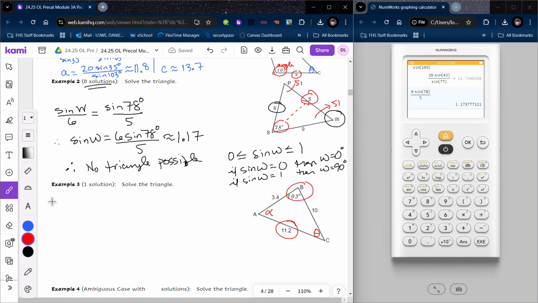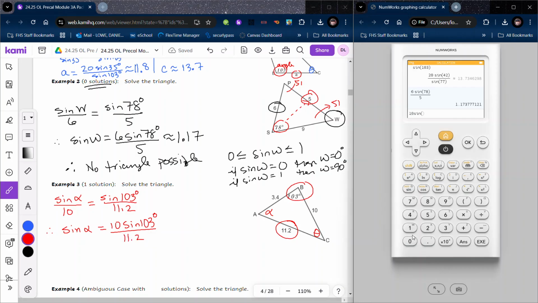If I'm trying to solve for these angles, I know that the sine of alpha all over 10 must be equal to the sine of 103 degrees all over 11.2. So therefore, the sine of angle alpha has to be 10 sine 103 degrees all over 11.2.